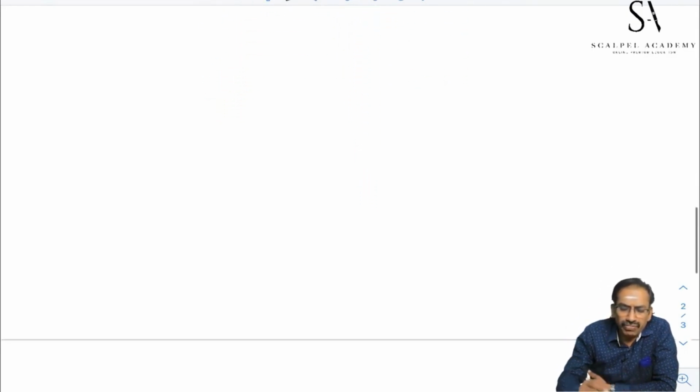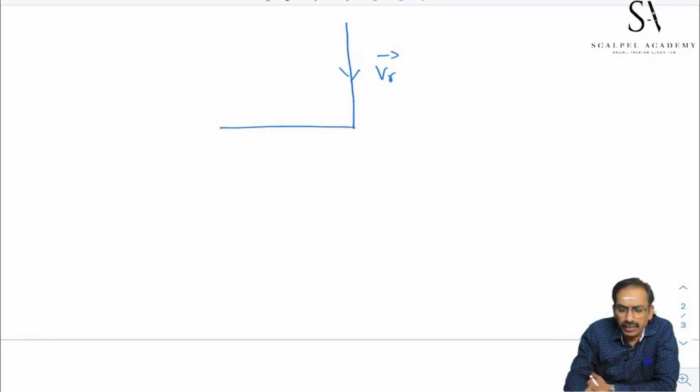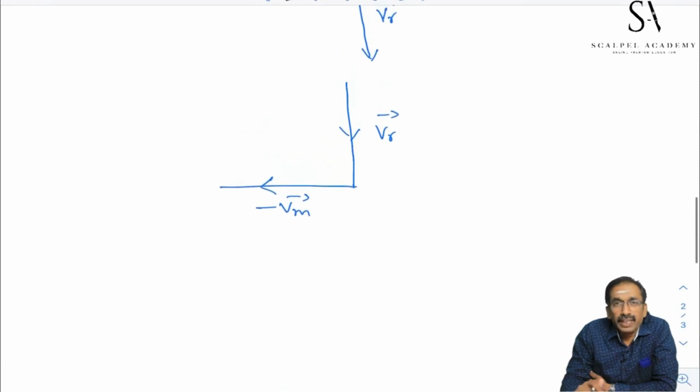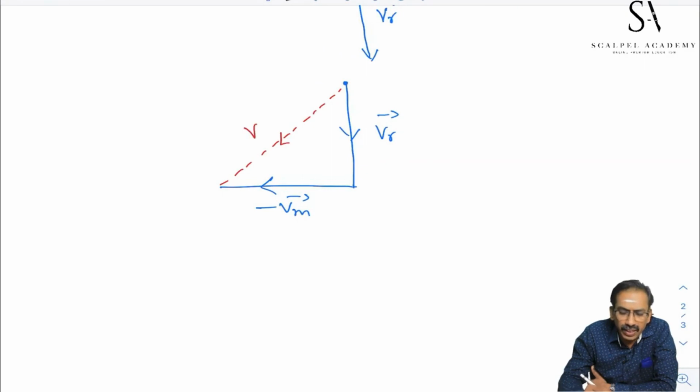Bring the tail of minus Vm to the head of Vr vector. Draw a vector from the tail of the first vector to the head of the second vector. This is the Vrm vector.